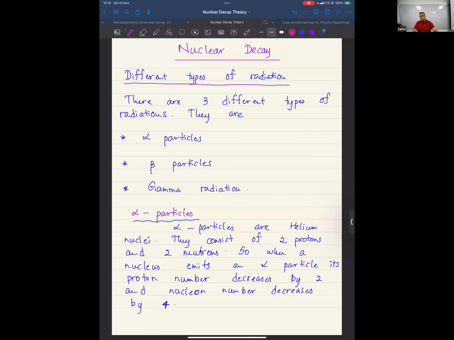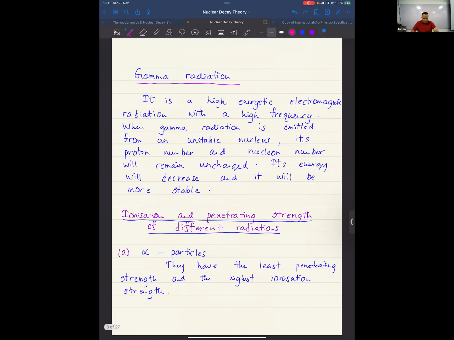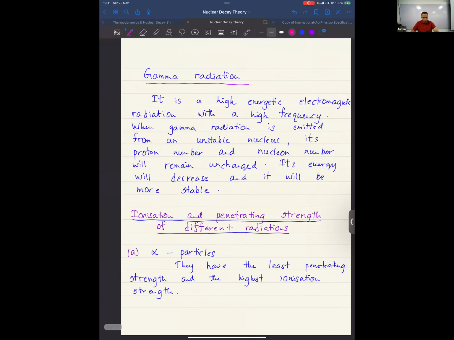Okay, so if an unstable nucleus emits an alpha particle, its proton number will decrease by 2, and the nucleon number will decrease by 4. Right, on the next subtopic, beta particles. What are beta particles?